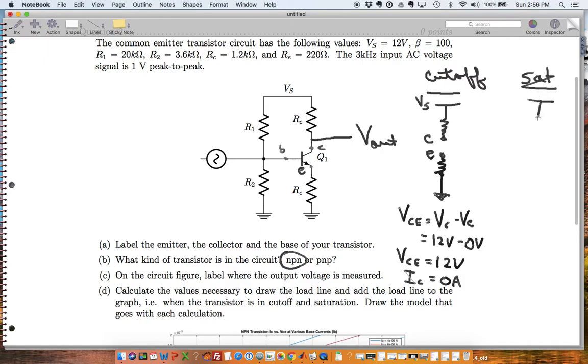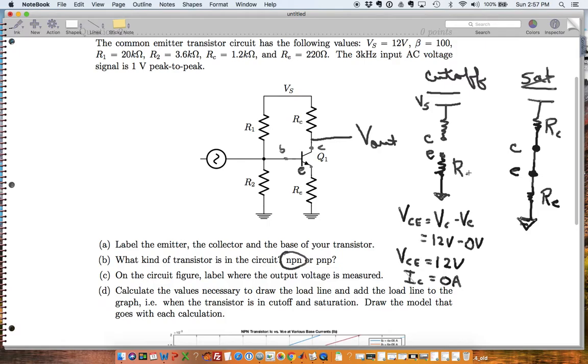And now in saturation, I'm going to have my resistor. This is my C. It's going to be connected with a wire. This is my emitter resistor, and ground. So this is my RC, this is my RE.